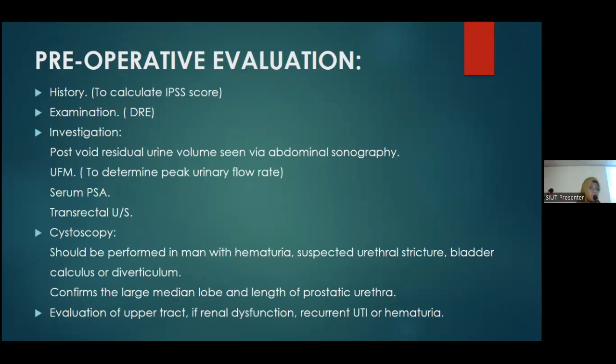So now, just to revise, can anyone tell me what are the indications in which you will consider a patient towards surgical intervention of the prostate? As per the guidelines, there are 5 indications. Anyone?